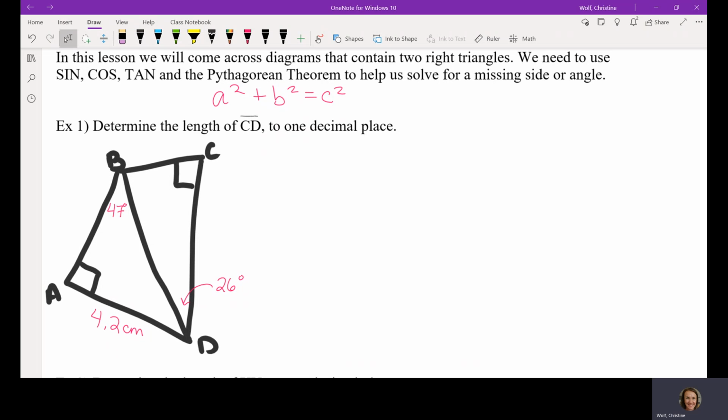Make sure you have all the letters in the right spot, all the numbers in the right spot, and we'll go ahead in about 20 seconds. Okay, people are still copying, so I'll just give you a little bit more time.